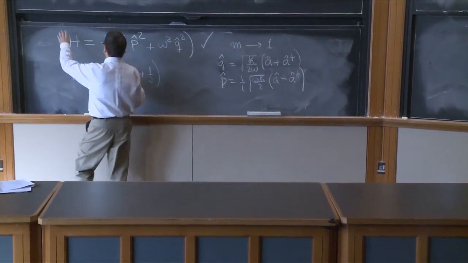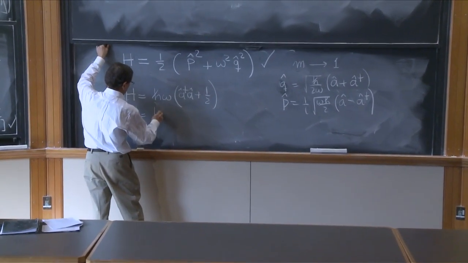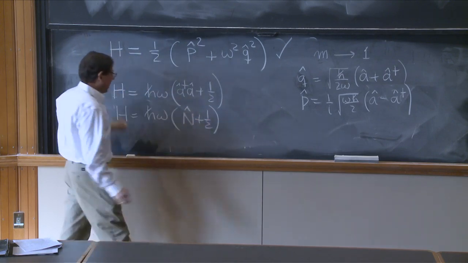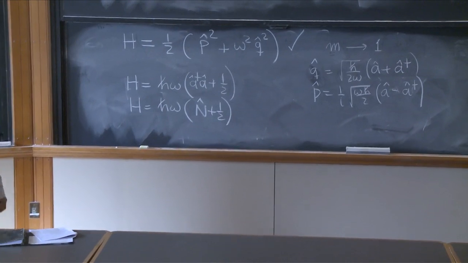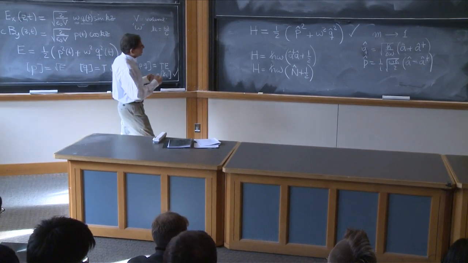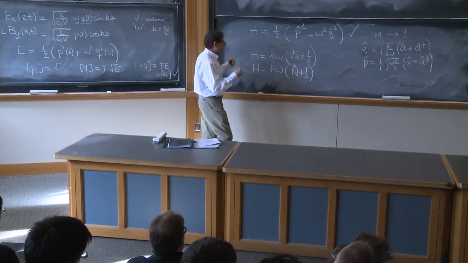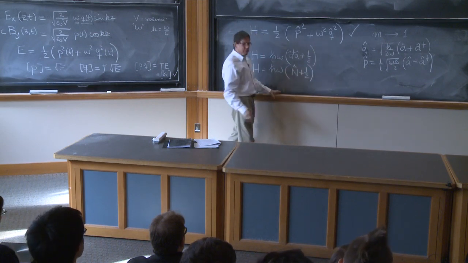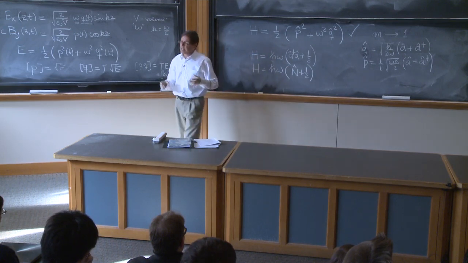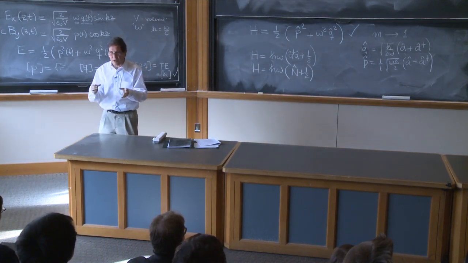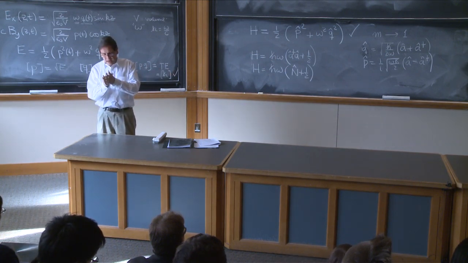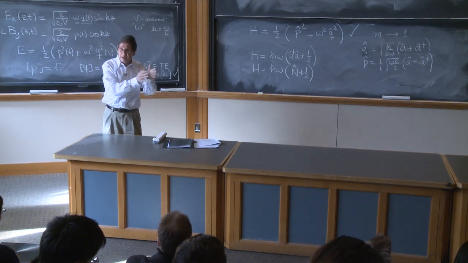And this is H equals h bar omega times (n hat plus 1/2). And this is a number operator. And then you get the physical interpretation that if you have states with some number operator, the energy is the number times h bar omega, which is exactly what we think about photons. If you have n photons in a given state, you would have an energy n times h bar omega.